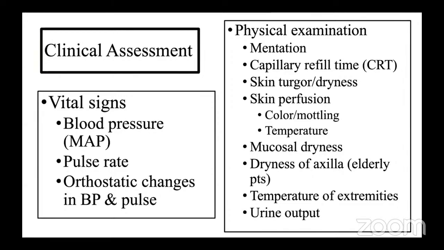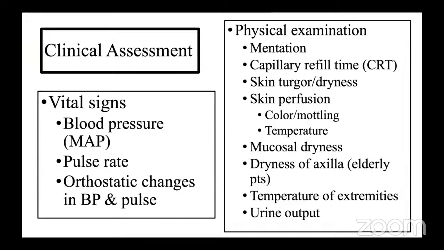Apart from the usual vital signs of pulse rate and blood pressure measured non-invasively, a 30% drop in blood pressure from changing the posture from supine to sitting up or standing suggests presence of hypovolemia.